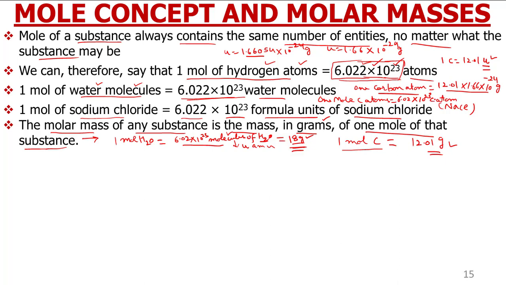If we take the weight of 1 mole of carbon atoms, it will be equal to 12 grams, which we can obtain by multiplying 6.02 × 10^23 by 12.01 by 1.66 × 10^-24. This will give you its weight as 12 grams. So this I will discuss later.